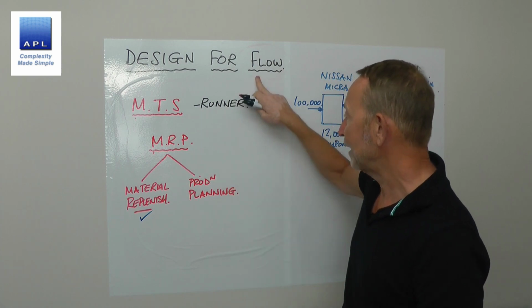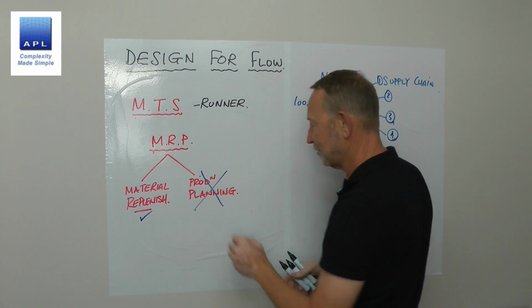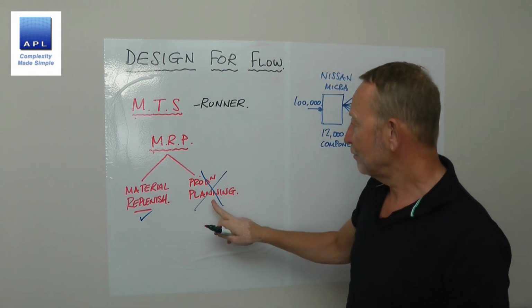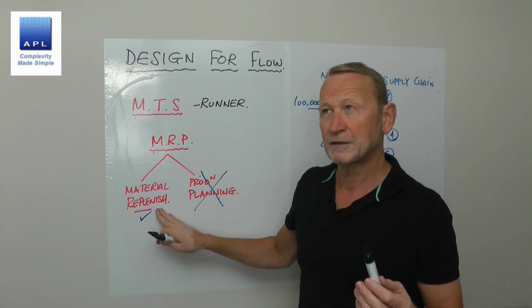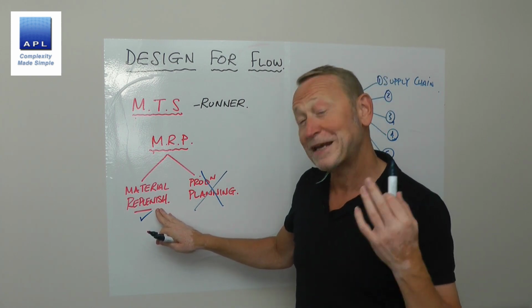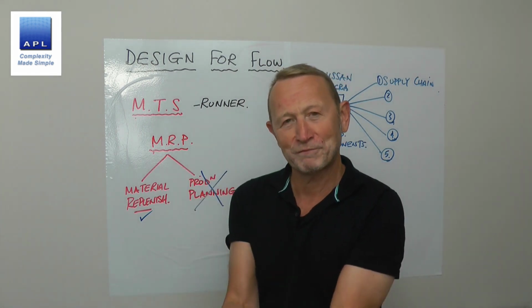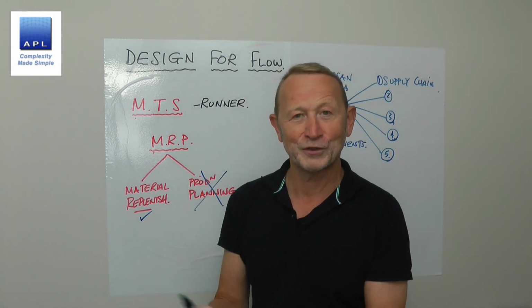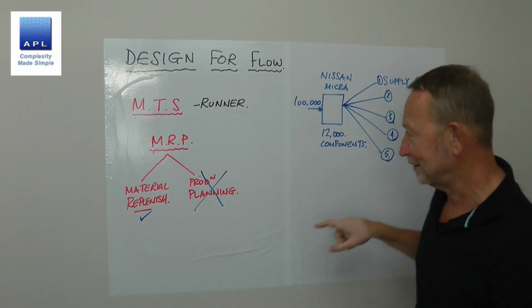What we're going to replace in Design for Flow, though, is this thing right here. This is the difference between McDonald's planning how many cows they need in a year to have enough mincemeat to make all their burgers. It does this, and it does it brilliantly.